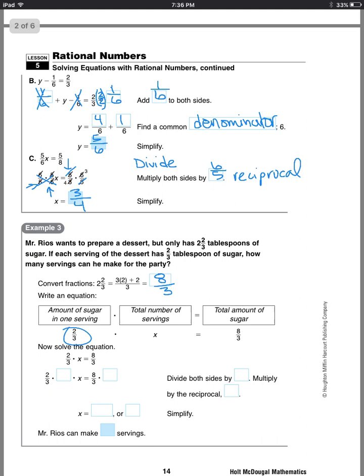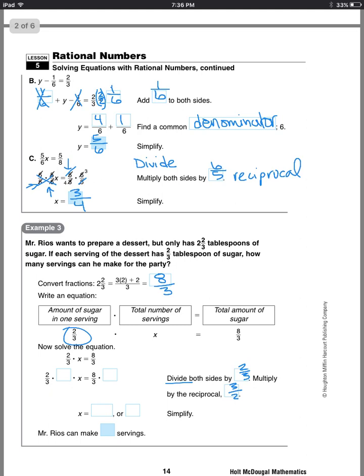Now we're going to solve this how we did example C right above. We're going to divide both sides by 2 over 3, but then we're going to multiply by the reciprocal of 3/2.